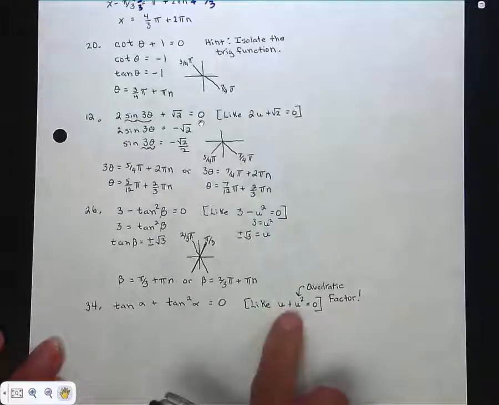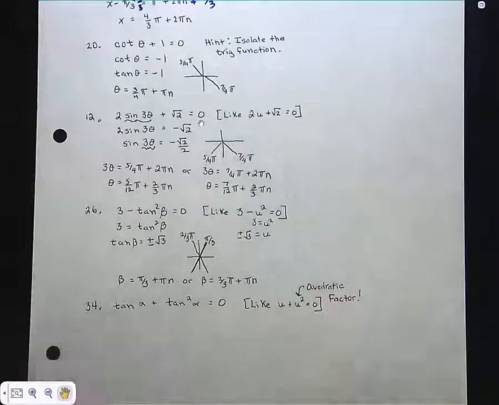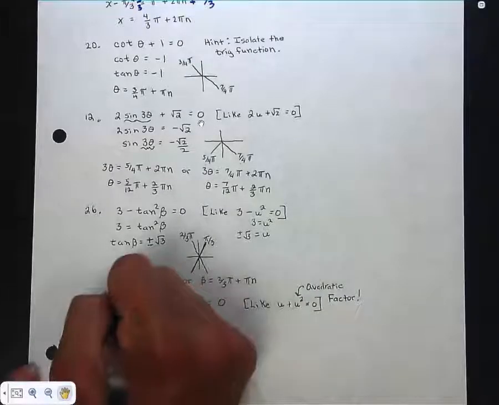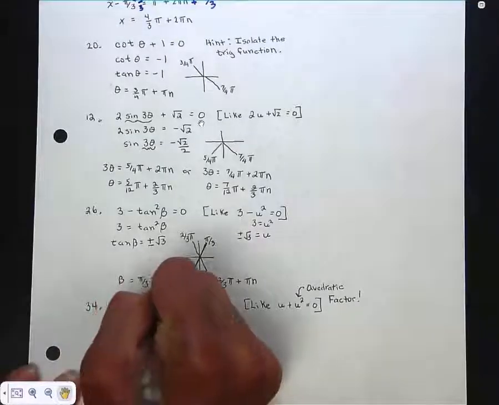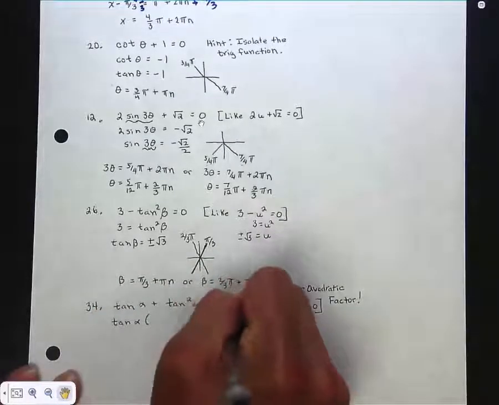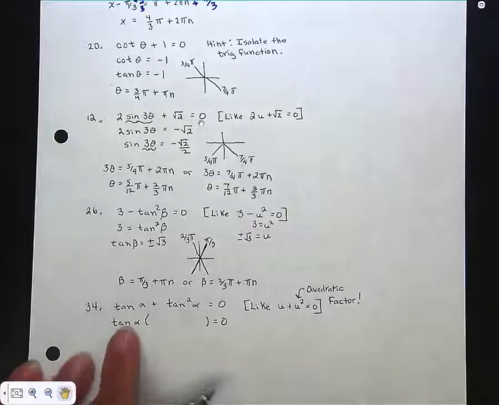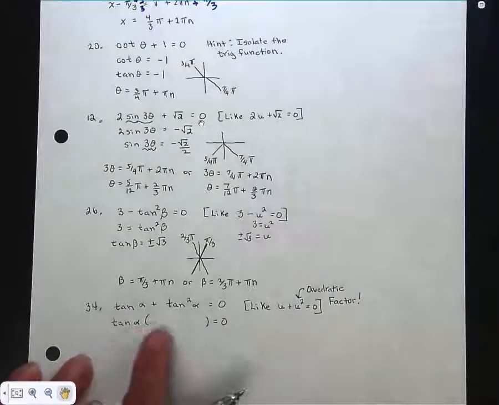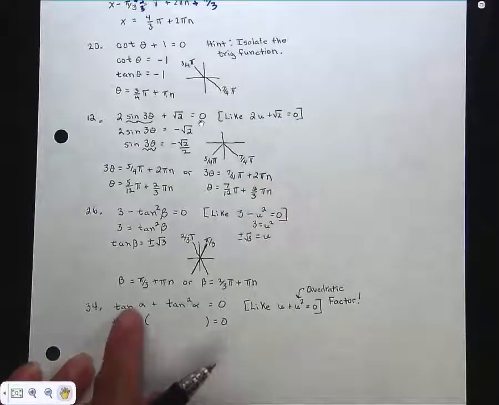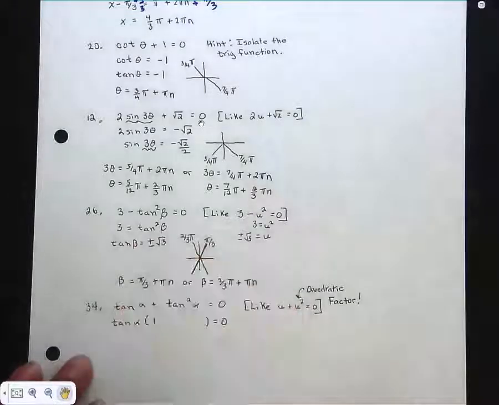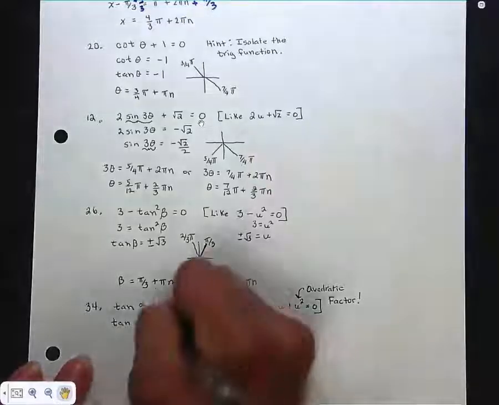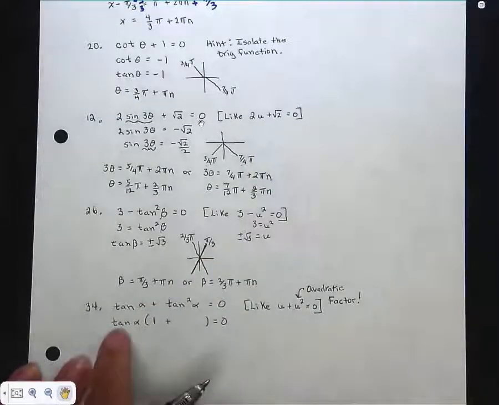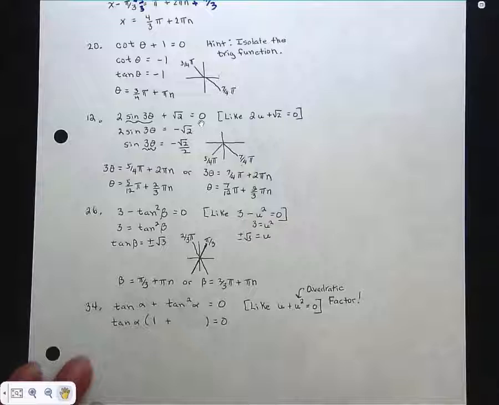This simple equation, we'd factor out a u and then set each factor equal to 0. Well, we can do the same thing in 34 by factoring out a tangent alpha. And you factor out a tangent alpha, just like you factor out a u. You say, what do you multiply times tangent alpha to get tangent alpha? And that's just 1. For the second term, what do you multiply times tangent alpha to get tangent squared alpha?